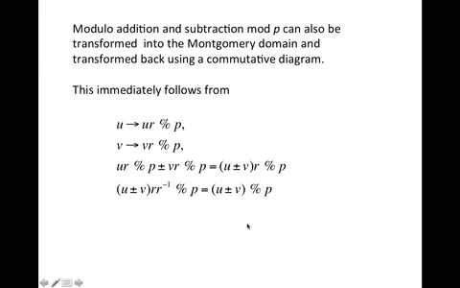So to do addition, I transform U and V to those two numbers mod P, and I've just shown you how to do this by the Montgomery algorithm. And add the two numbers up in the transform domain, and to get back, multiply it by R inverse. Now these are all done by truncations and shifts.